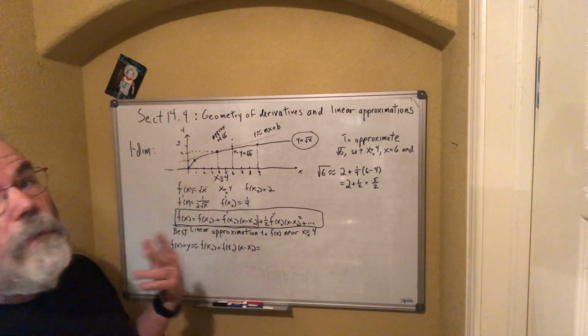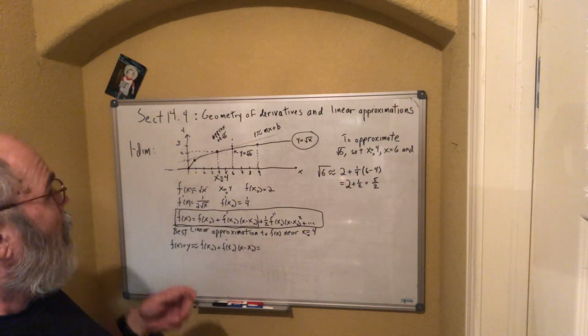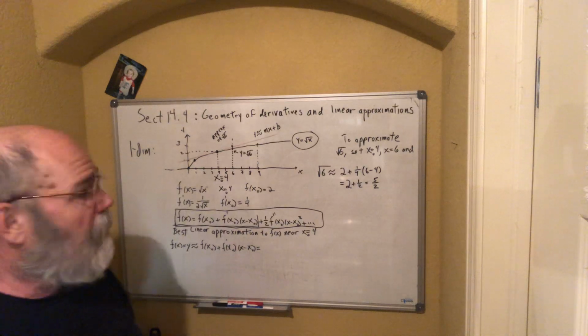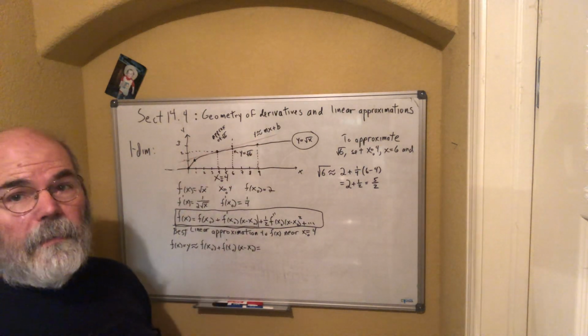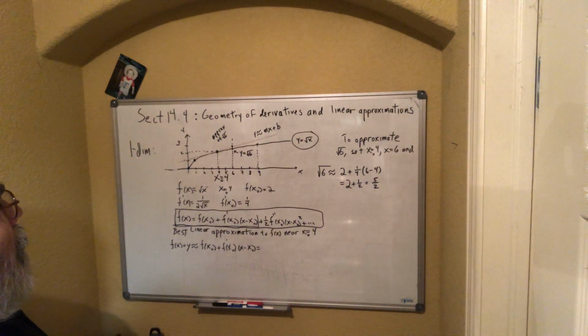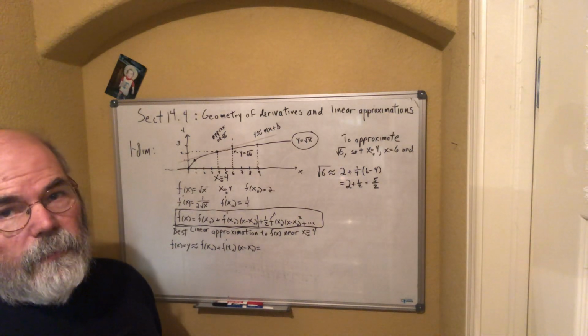So that's one interpretation of a one-dimensional derivative. The derivative itself is the slope of the tangent, but the tangent line itself, the linear approximation, is again a useful representation of the function.